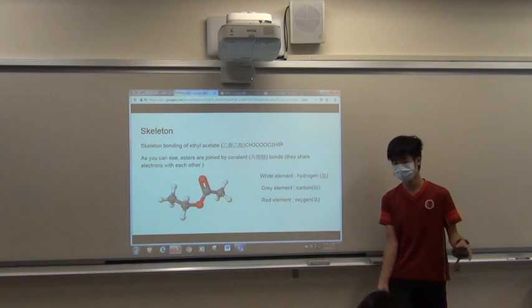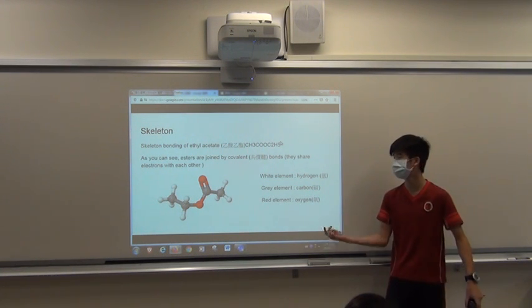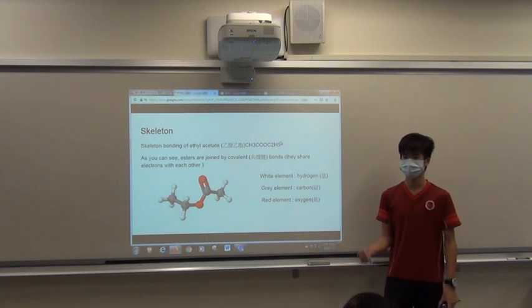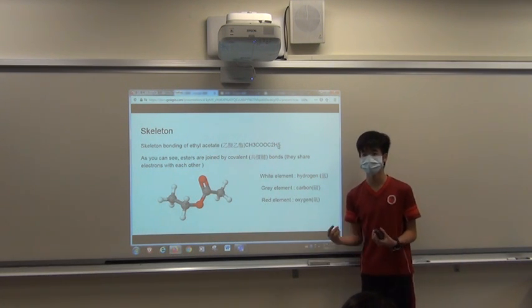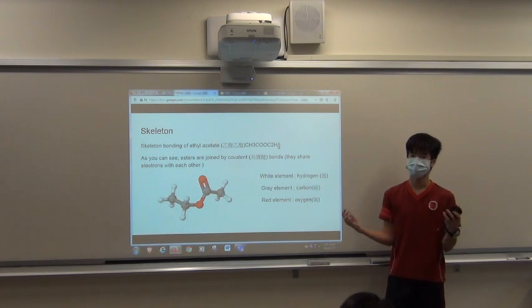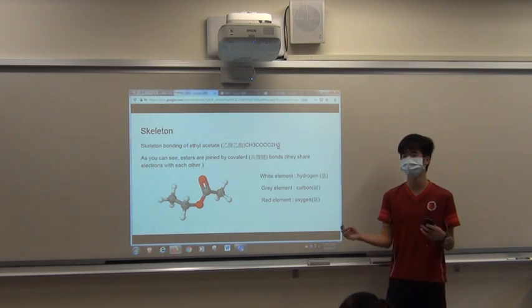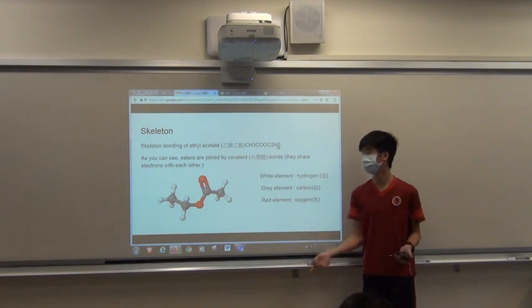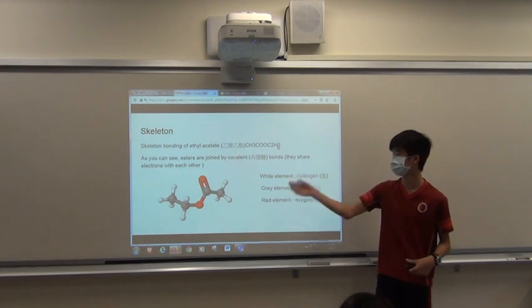It's hard to explain the two, but I'll take an example, such as O2. It's also joined by a covalent bond because the two oxygen atoms share two electrons, which is the same as this.